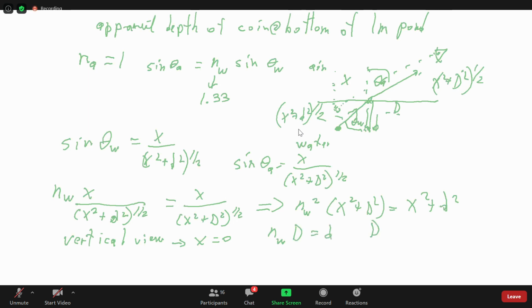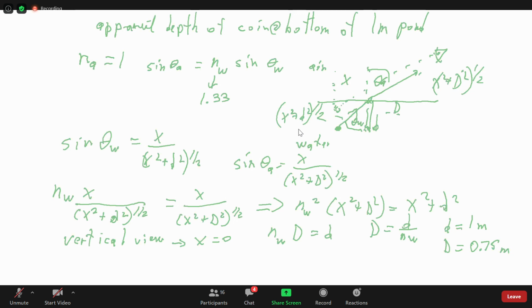So big D is equal to little d over n_w. If n_w is 4/3 or 1.33, then if little d is 1 meter, big D is going to be 3/4 or 0.75 meters. So the coin is going to look closer than it actually is. There are other ways to do this problem. This is just one of the ways that I decided to do it. I didn't look carefully, but I'm sure you're going to find something like that in the back of chapter 33.